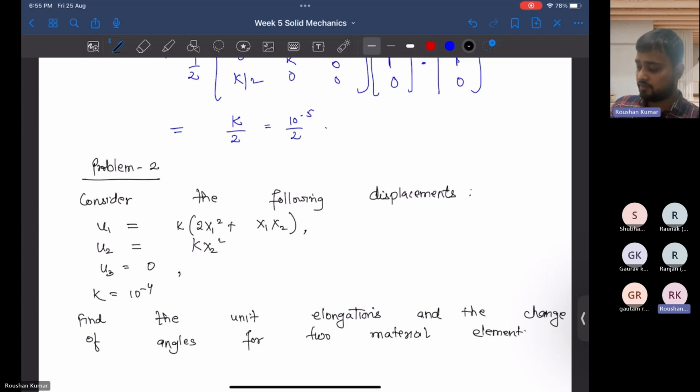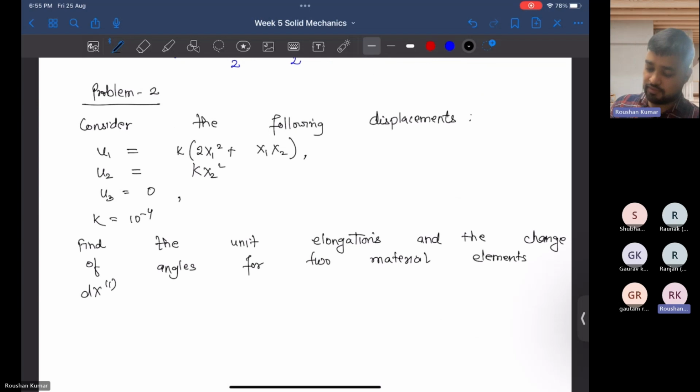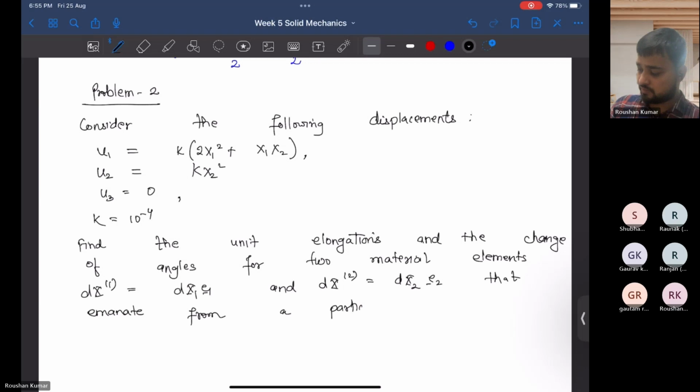For the two material elements, the first material element is given as dx1 e1 and the second is dx2 e2, that emanate from a particle designated by x equal to e1 plus e2.